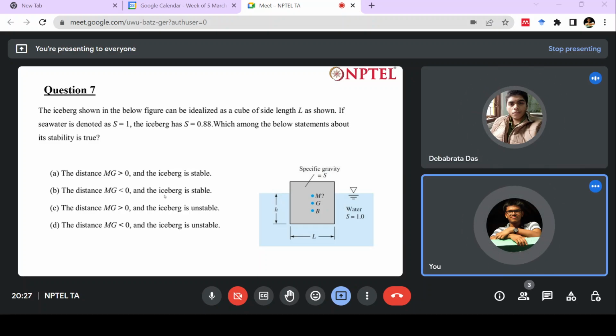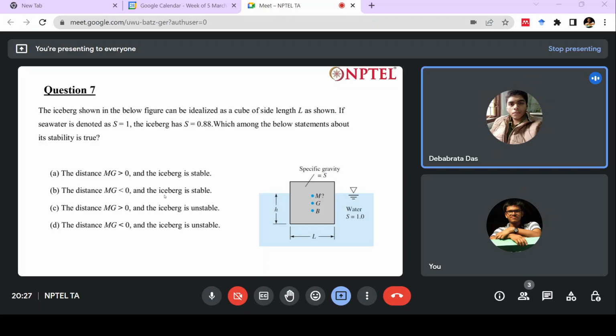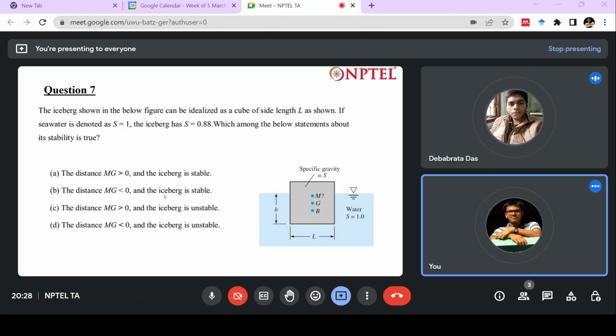So what is S? Specific gravity. Yes, this is basically the density with respect to water. Which among the below statements about its stability is true? Can you tell me this?